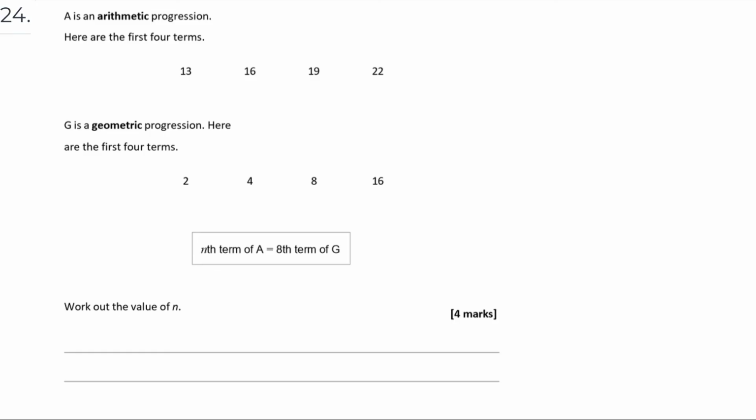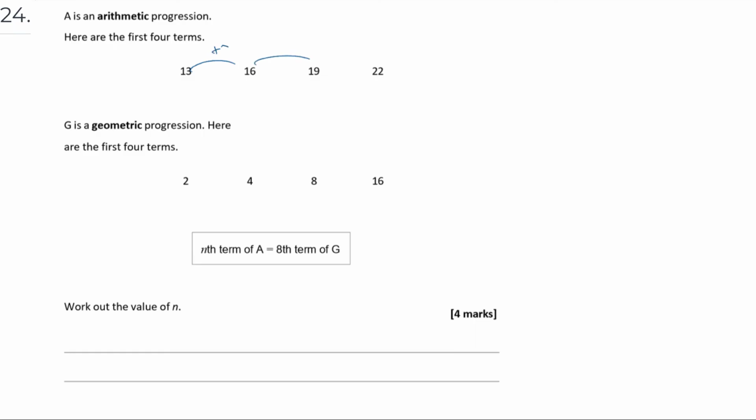So what I'm going to do here is find the nth term of each expression, so that I can compare those a bit later on and hopefully solve for n. So let's do that. The nth term of the first sequence: can you see it's going up in plus 3s?